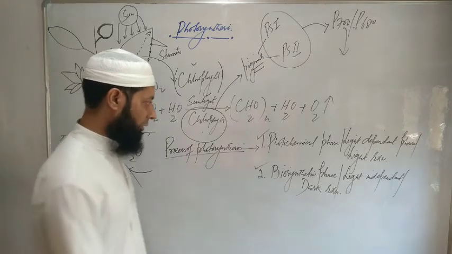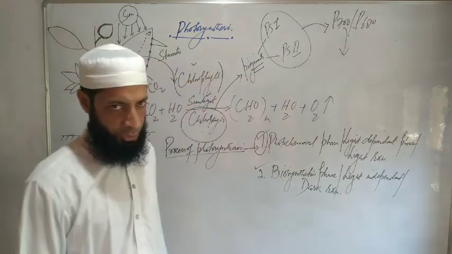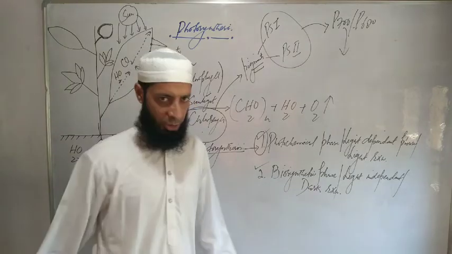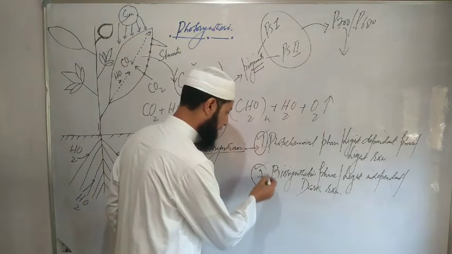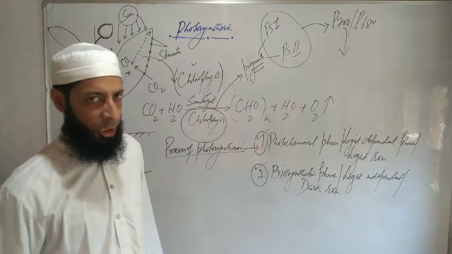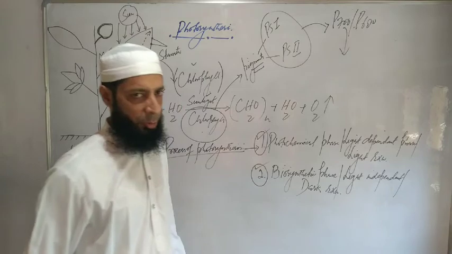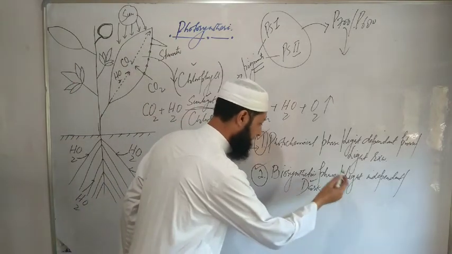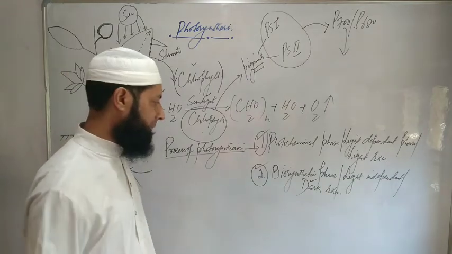That means this is the first phase which occurs in presence of sunlight, and it wholly and solely depends on sunlight. But this phase, whether sunlight is available or not, occurs. It is the light independent phase. That's why it occurs in the night when there is no light.